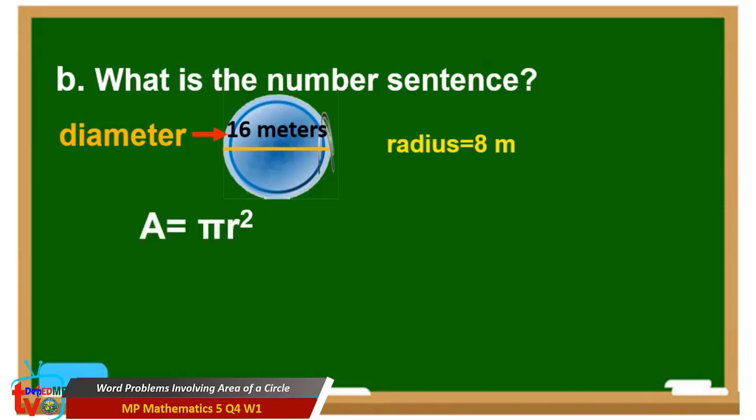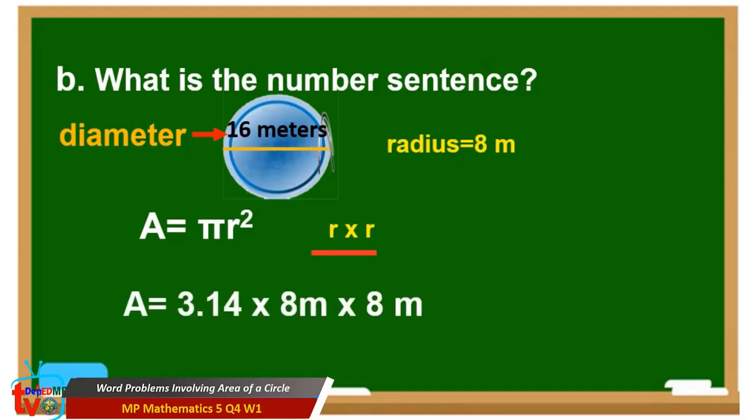Let us now substitute in the formula, which is area equals pi times square radius, wherein square radius is radius times radius. So, our number sentence will be area equals 3.14 times 8 meters times 8 meters.